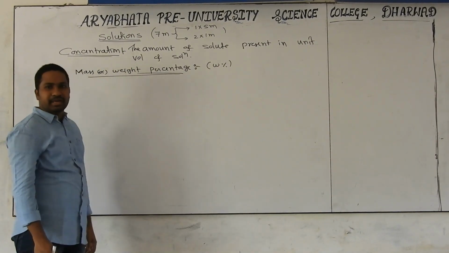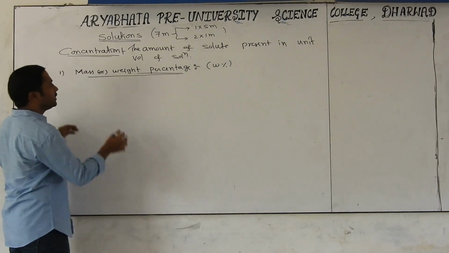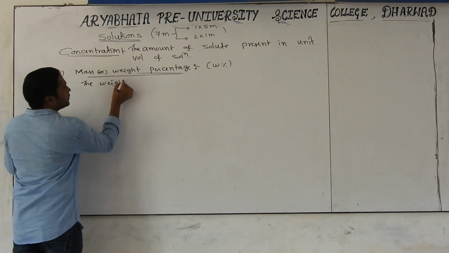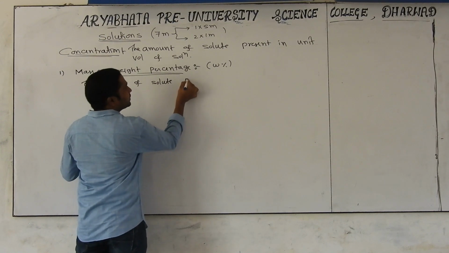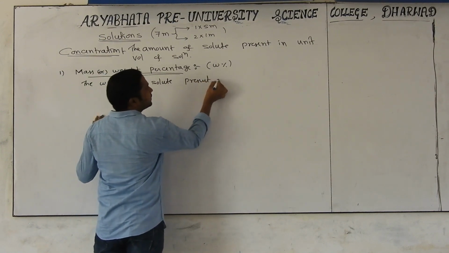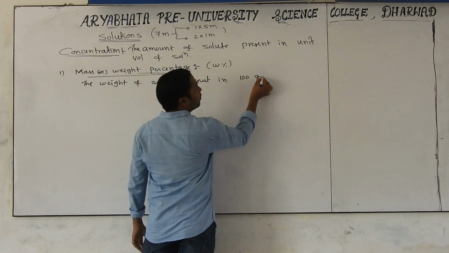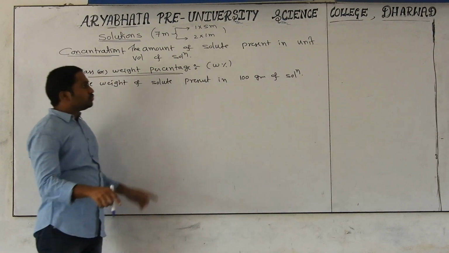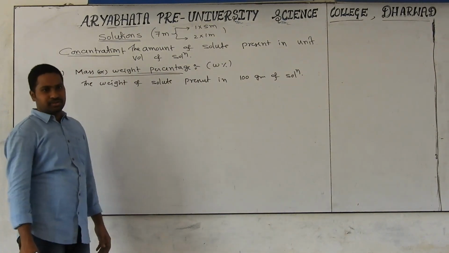By seeing it only we can tell the definition. What is the meaning of mass or weight percentage? The weight of solute which is present in 100 grams of solution is called percentage of weight.